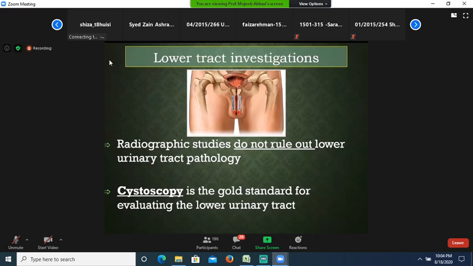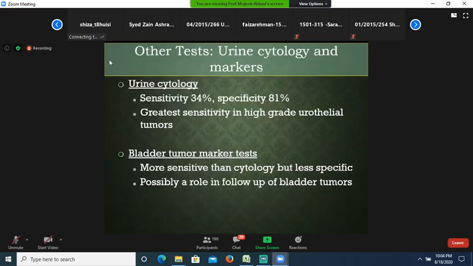We don't have markers at the moment established as a gold standard for kidney tumors, ureteric tumors or bladder tumors. There are a few markers, but they are not generalized or recommended in general practice. The only one used as a gold standard is PSA, for prostatic cancer.